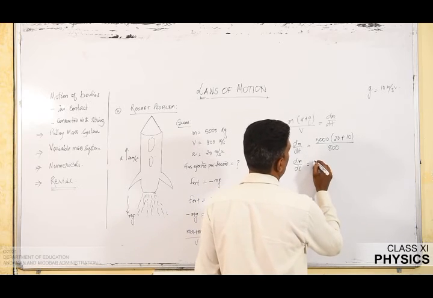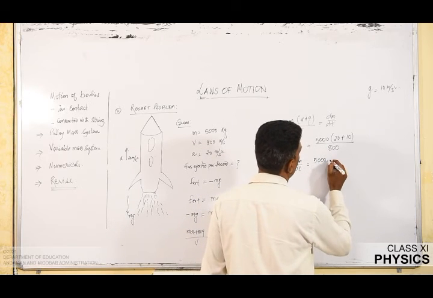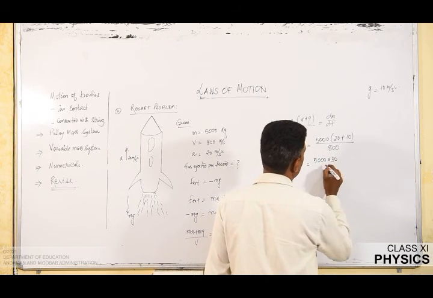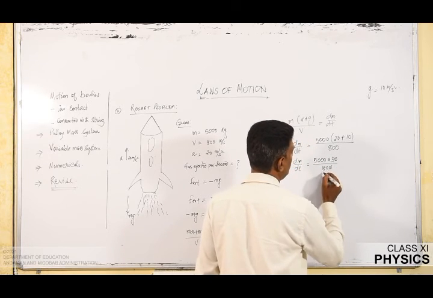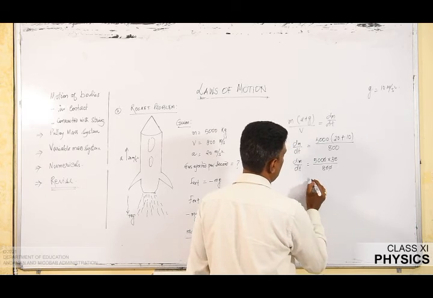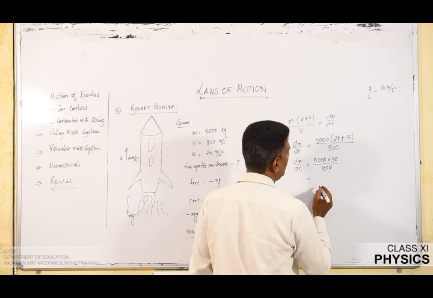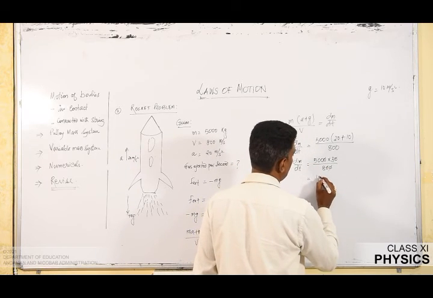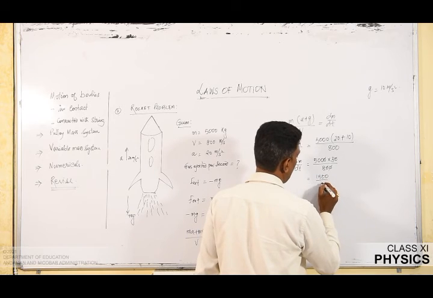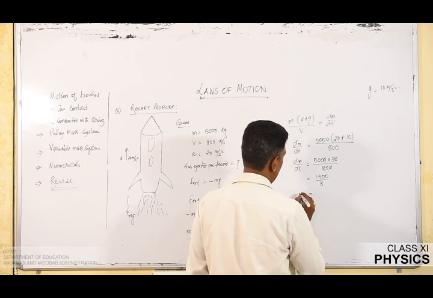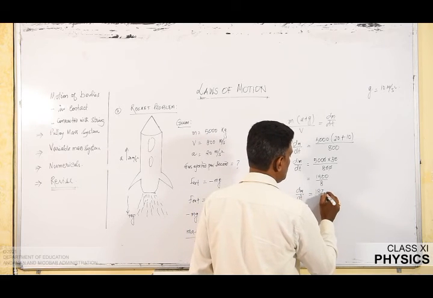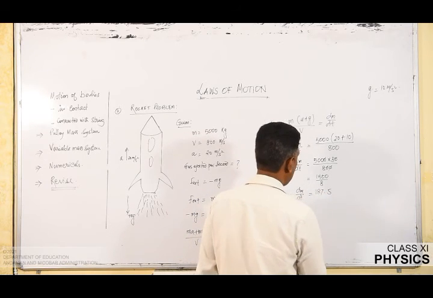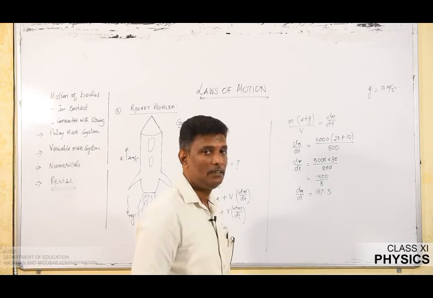dm by dt is equal to 5000 into 30 divided by 800. Cancel, this also cancel. We will be having 3 into 500, that is 1500 divided by 8, that comes to be 187.5 kg per second.